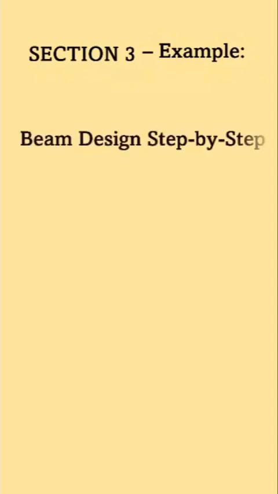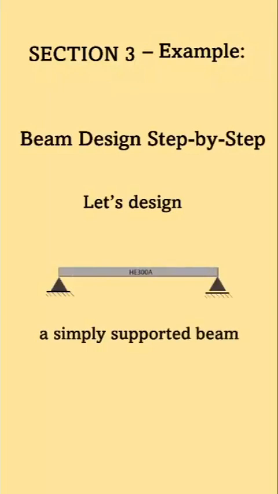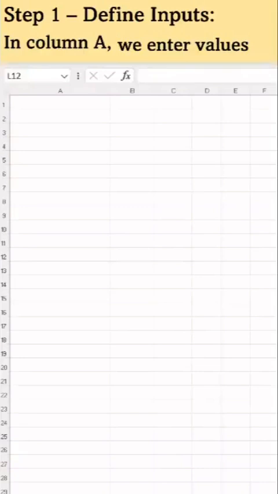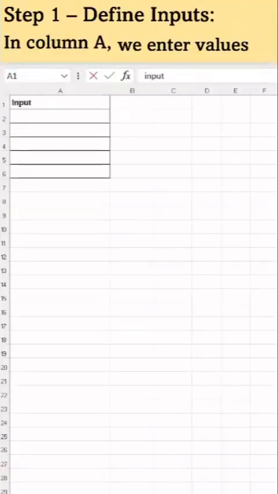Section 3. Example. Beam design step by step. Let's design a simply supported beam HE300A with a uniform distributed load W. Step 1. Define inputs. In column A, we list our inputs: span length, load per meter, material strength, section modulus, and web area.